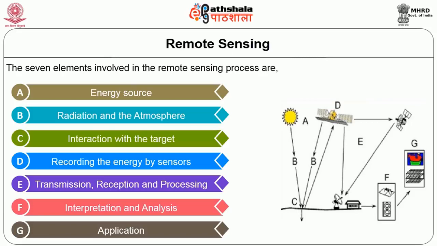Then comes the interaction with the target. Once the target is interacted with, it radiates and electromagnetic waves start reflecting from the object. These reflections are recorded by the sensors present in the remote sensing tool. For example, a satellite is capturing the downfall of a river from the atmosphere.